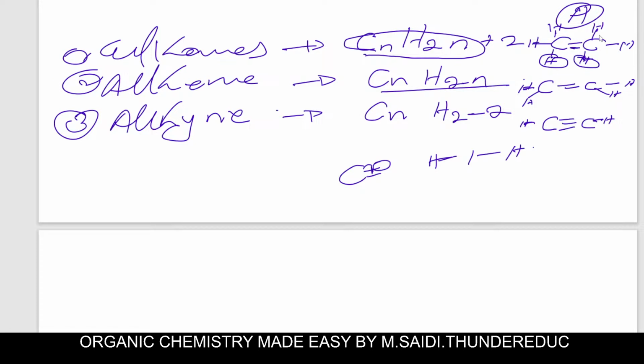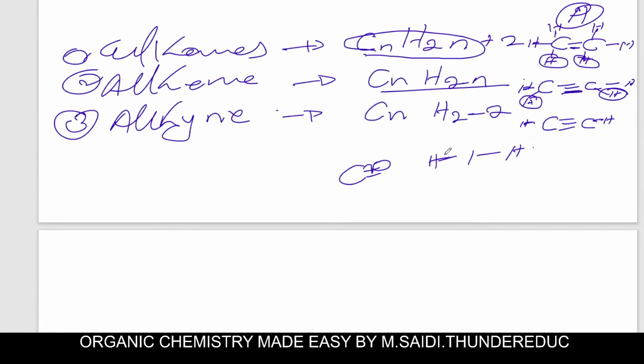That's why you have 1, 2, 3, 4 to form this. And then now, when this one and this are lost, then these parts join to form a triple bond. Then you remain with 2 hydrogens, this hydrogen and this hydrogen. Hence, you form alkynes. I think I'm clear there. So basically, you cannot go to the paper without knowing the general formula.